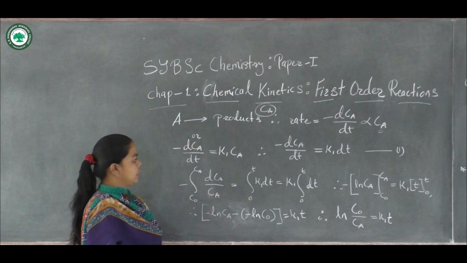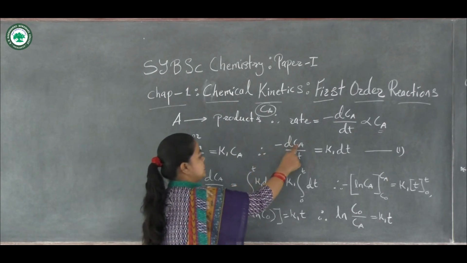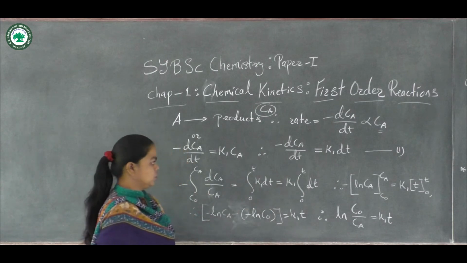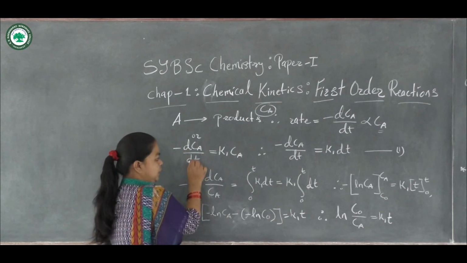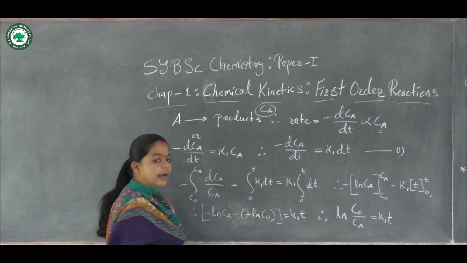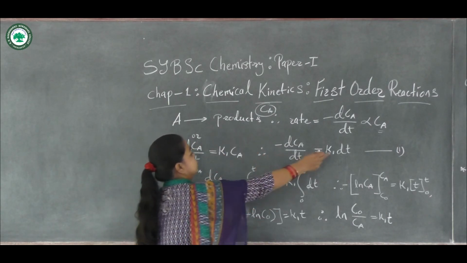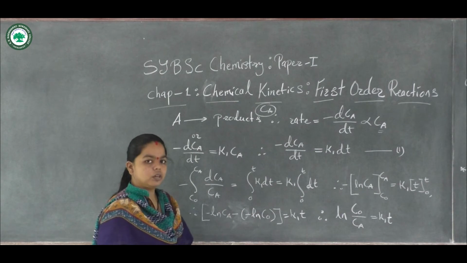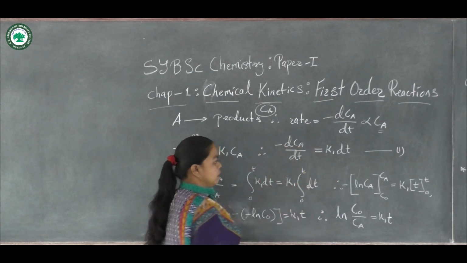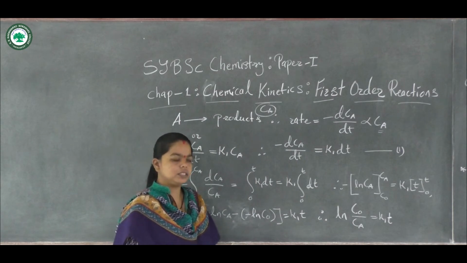So dt, which is on the lower side, when it comes to the right hand side, goes to multiplication with K1. So we are getting minus dCA upon Ca equals K1 dt.